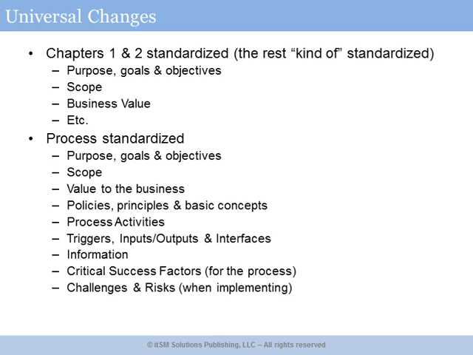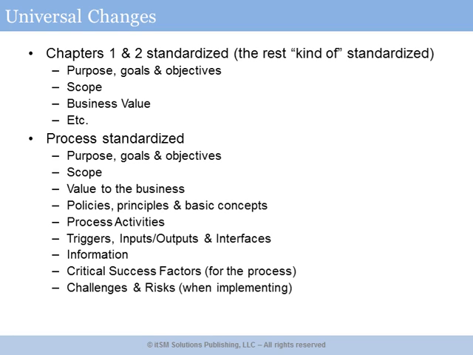In addition, the structures around each process area have been specifically standardized so that within any process, whether it's a strategy process, a design process, an operations process, or what have you, all processes follow the same consistent structure.